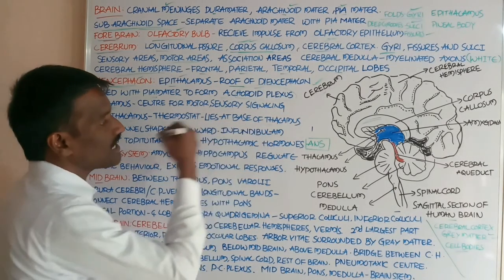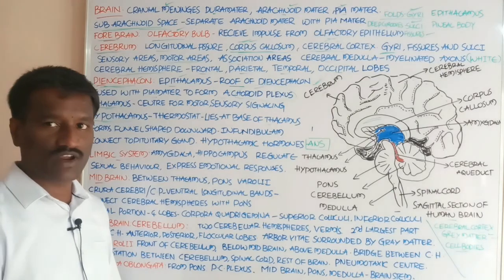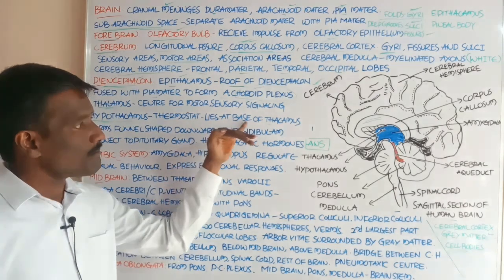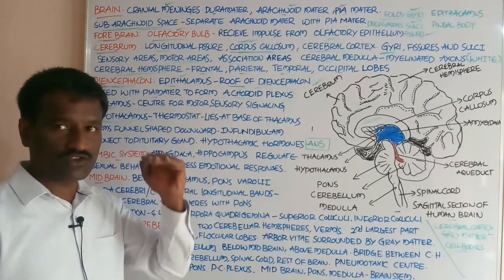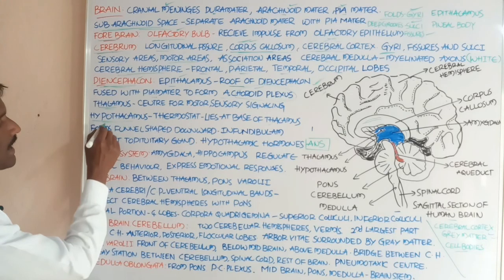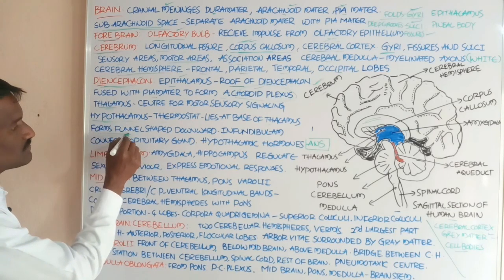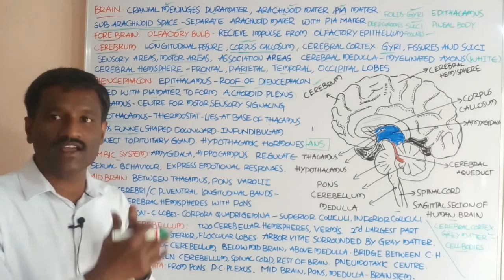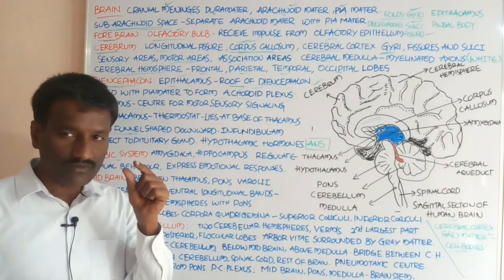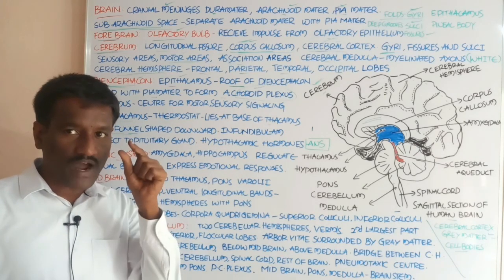The hypothalamus lies at the base of the thalamus. It forms a funnel-shaped downward extension.